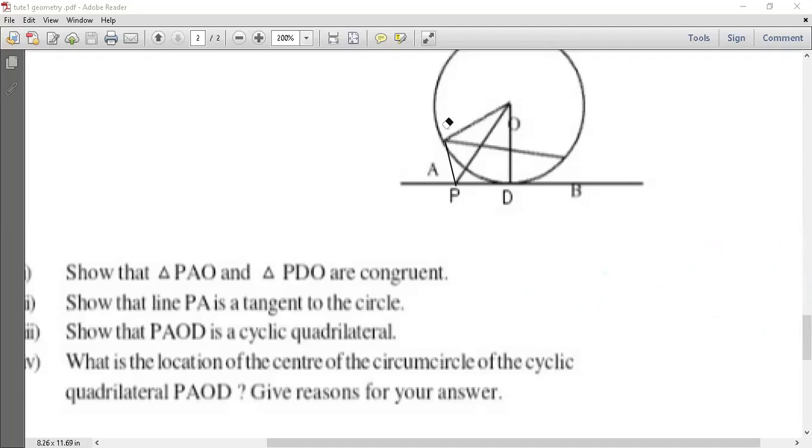So if we take angle OAP and angle ODP, both equal 90.